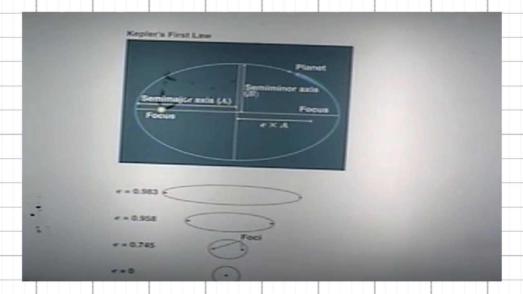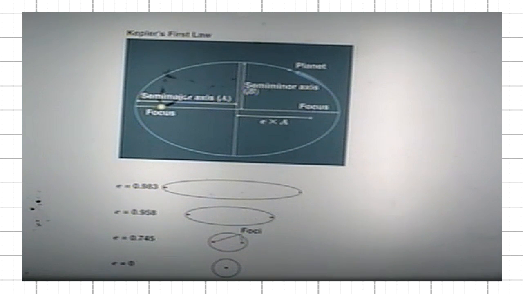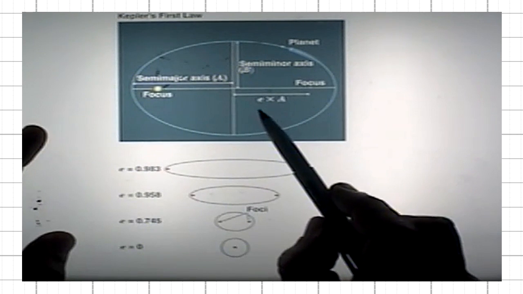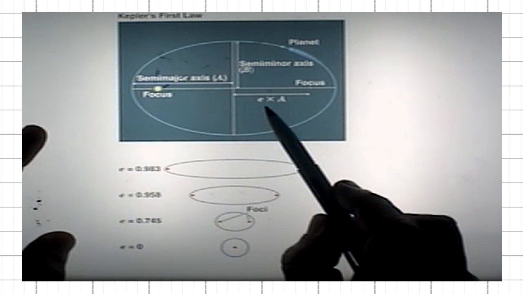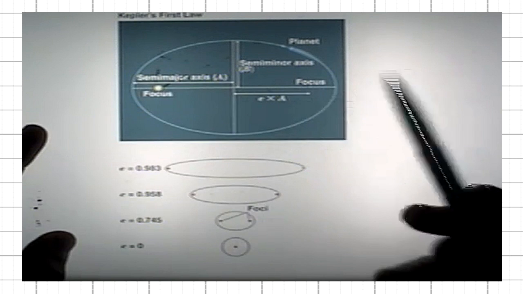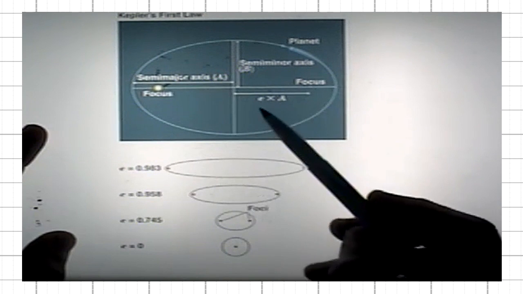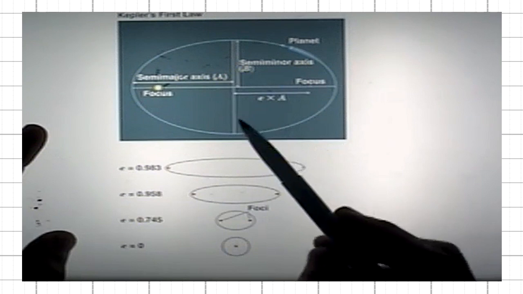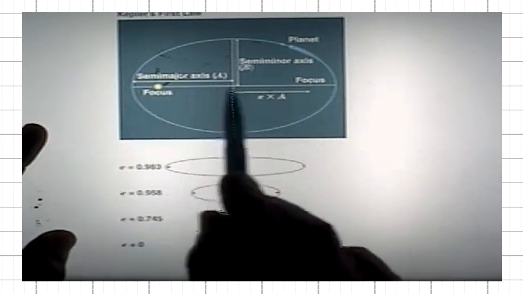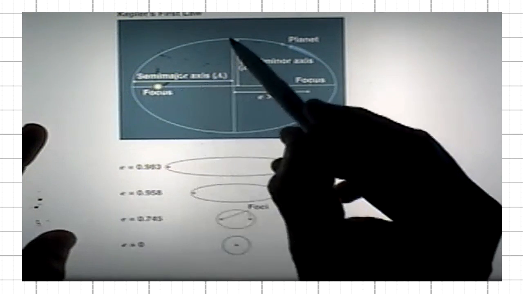So here, a little bit about ellipses. The number that tells you how deformed an ellipse is relative to the perfect circle is called eccentricity. The way it describes the shape of the ellipse is as follows. Each ellipse has two symmetry axes, the long one and the short one.